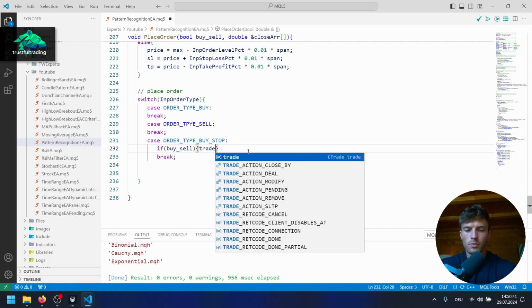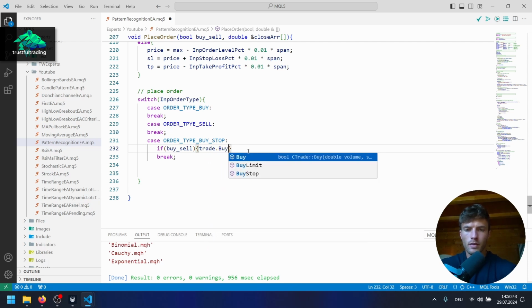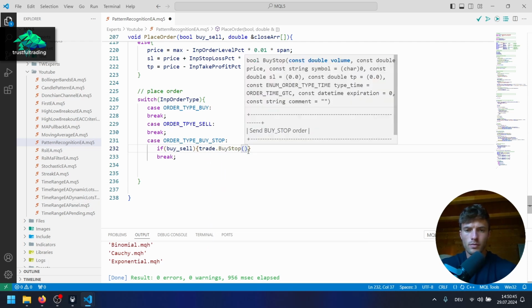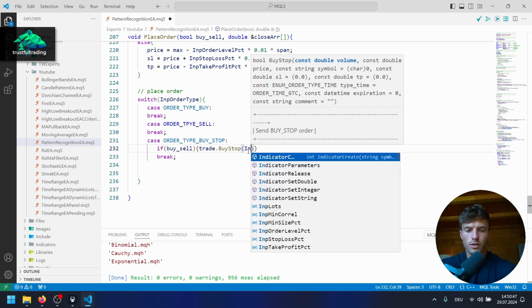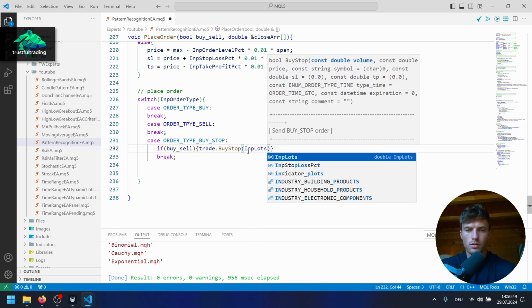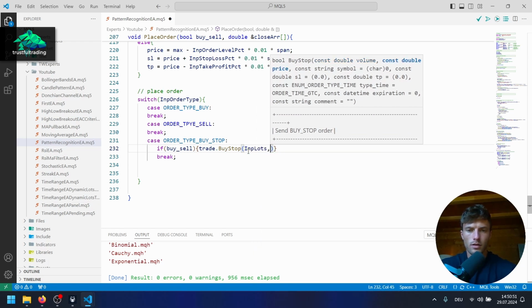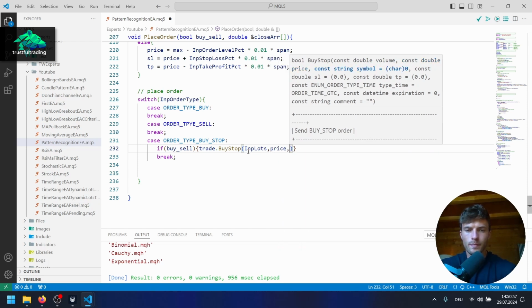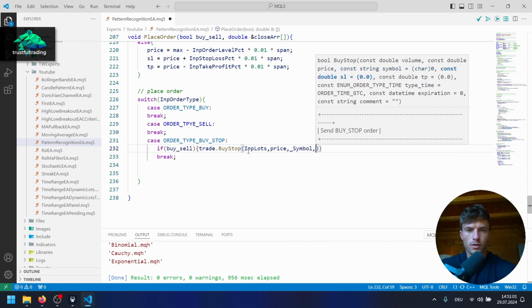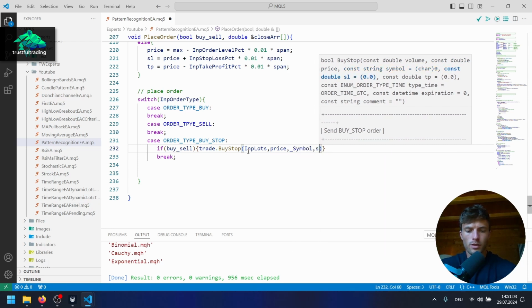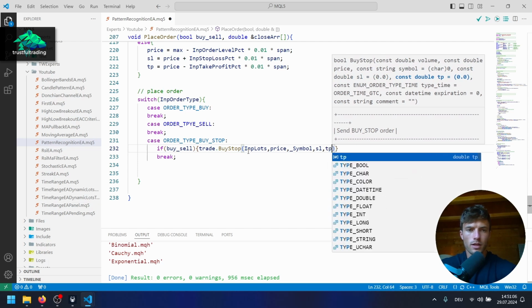So we use our trade object dot buy stop, and here the volume is our input lots. The price is now our price level, symbol, current symbol, stop loss, our stop loss, take profit, our take profit variable.